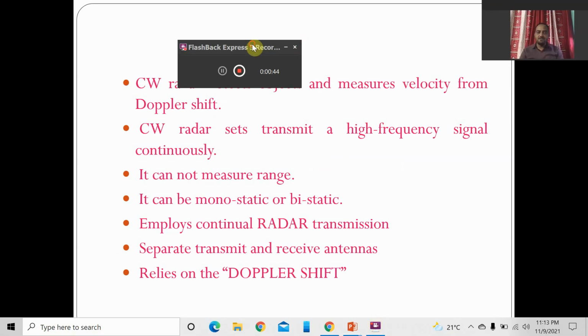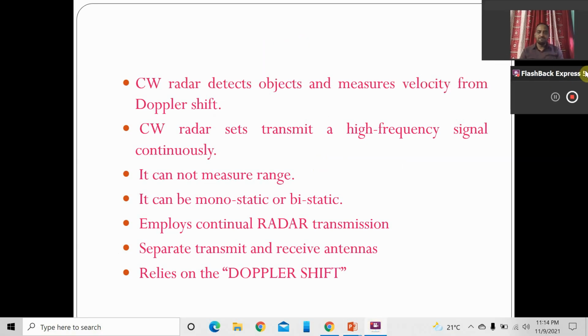The main function of CW radar is to detect objects and to measure the velocity of moving objects. These two functionalities are the main functions of the CW radar. CW means continuous wave. The continuous carrier wave transmitted by the radar hits the target and comes back in the form of an echo.